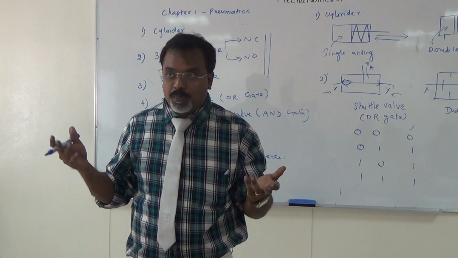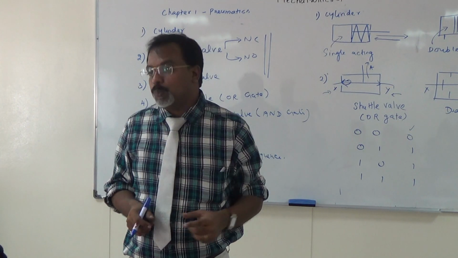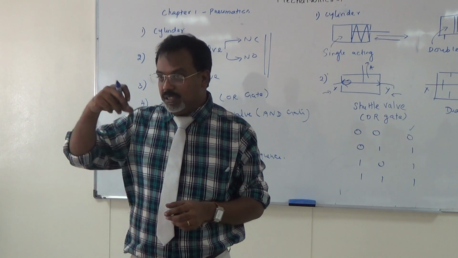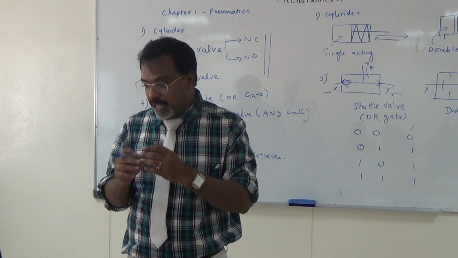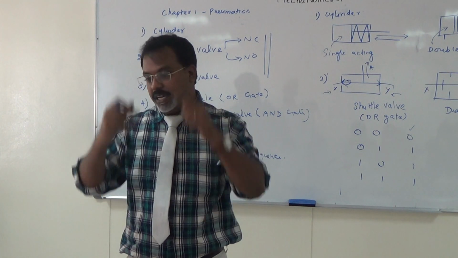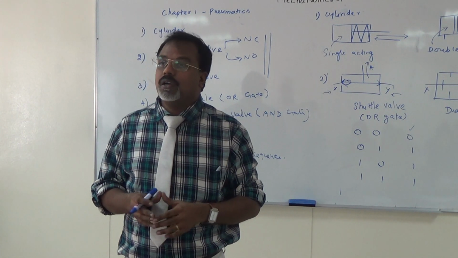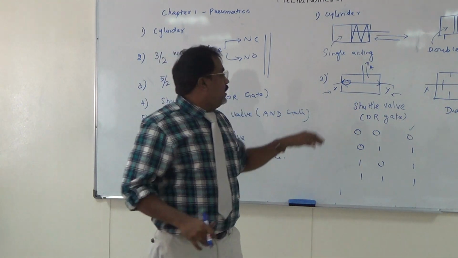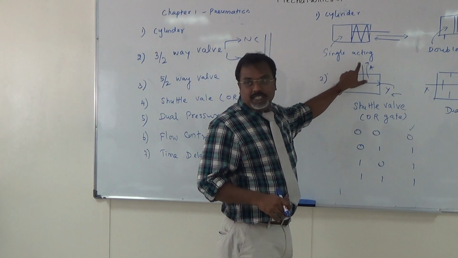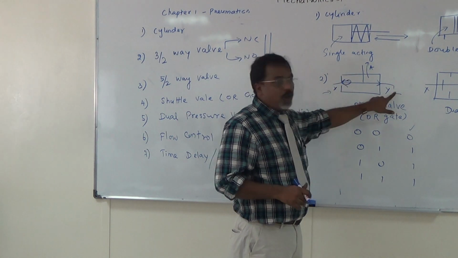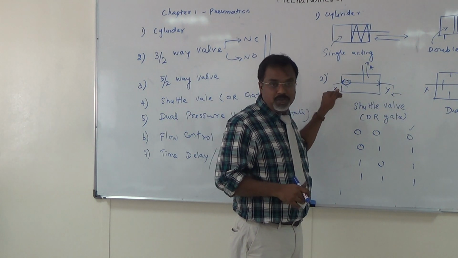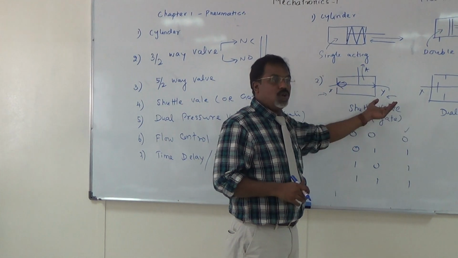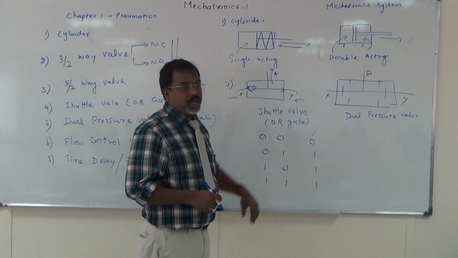Even if both inputs are given, no problem; the ball will come and stay at the center point, and then the air will go to the output. See that this is the output line, A is marked as the output, and X and Y are the inputs. When you give input at either X or Y, you will get output.